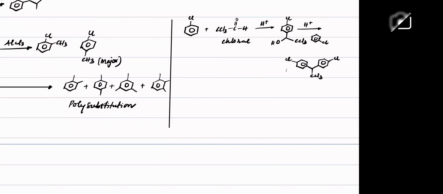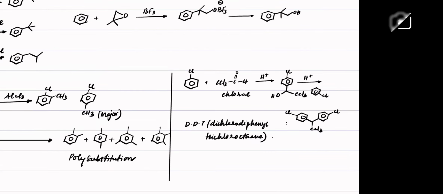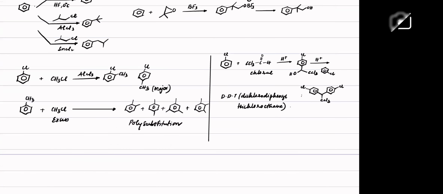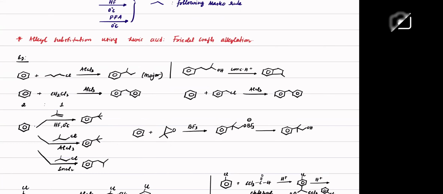This is called DDT, dichlorodiphenyltrichloroethane. Understood? This is the structure of DDT. So as far as ES reactions are concerned, these are some things we should be aware of.